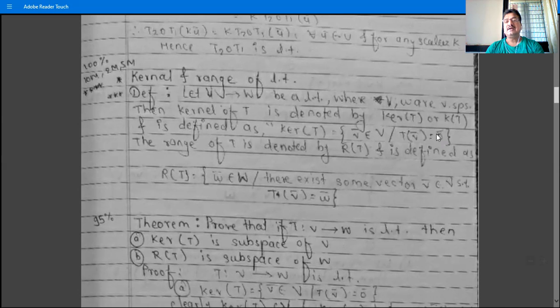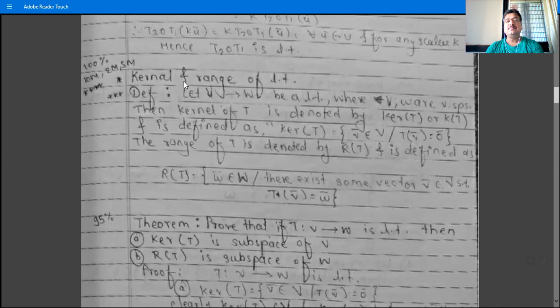So kernel of T contains at least one element, 0 bar, and is never an empty set; it is always a non-empty set.